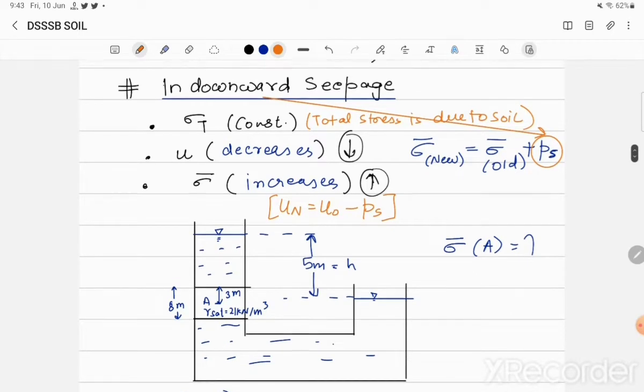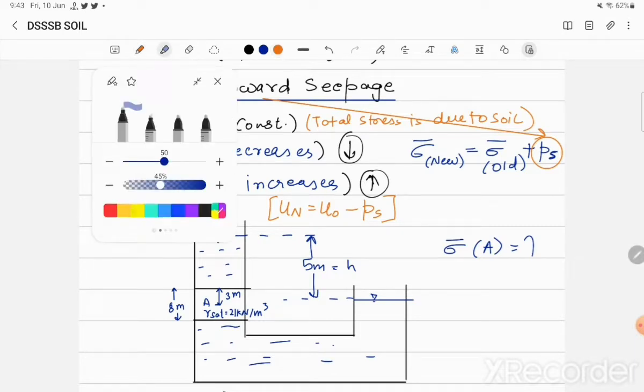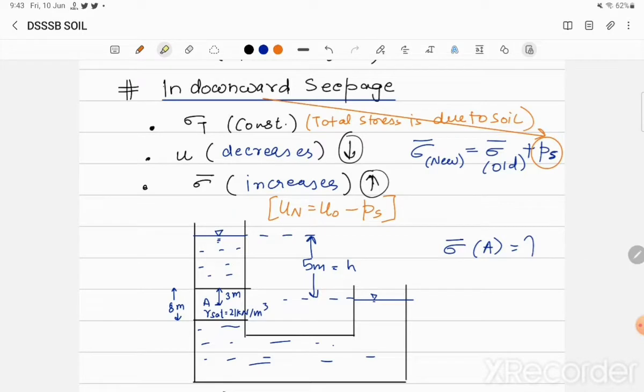Now the opposite happens in downward seepage. Though total stress remains constant, since as I said, it doesn't matter whether seepage is happening or not, sigma T is totally dependent upon the weight of soil solids, so it won't change. But in downward seepage, pore water pressure decreases and hence effective stress increases.